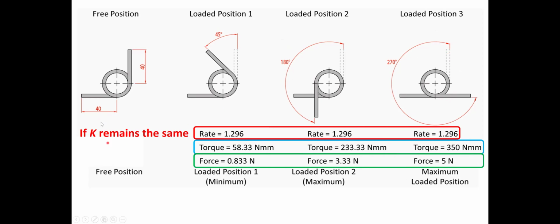If the rate constant, or spring rate, remains the same at around 1.3, then for position 1 the torque is 55.3 Newton meters, the torque applied at position 2 equals 233.33 Newton meters, and in the third position the torque is about 350 Newton meters.